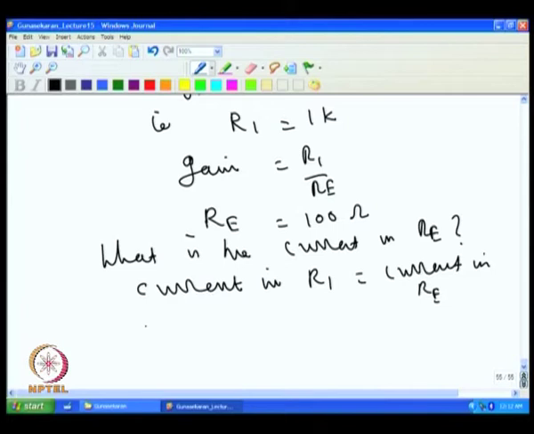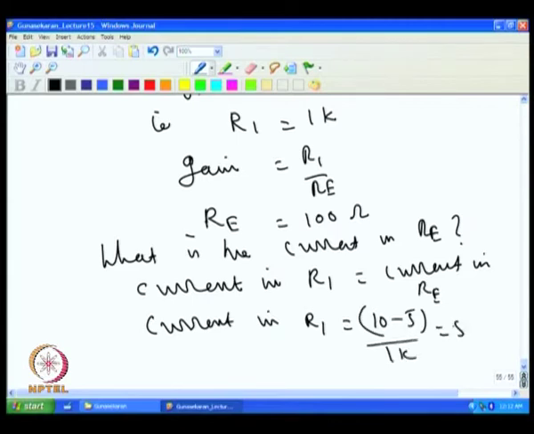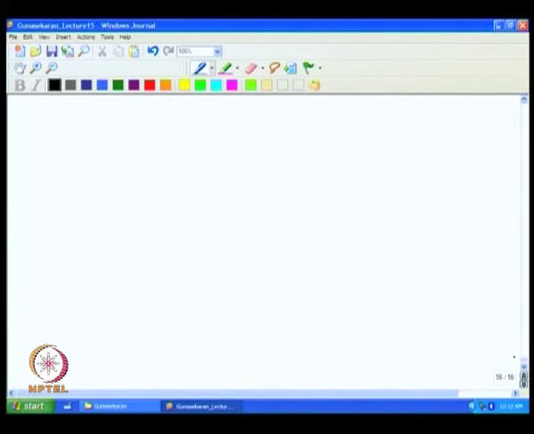The current in R1 is 10 minus 5 divided by 1K, that is 5 milliamps. So, the current through R1 is 5 milliampere, and the current through RE is also 5 milliamps. So, the current in RE is known.